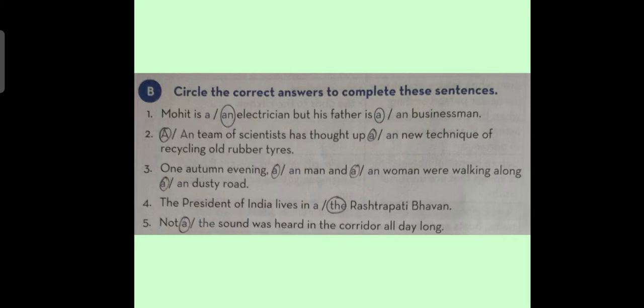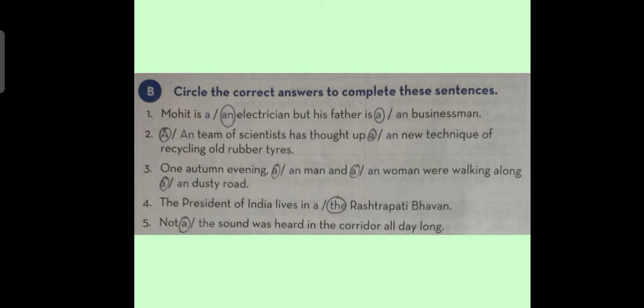Now we will discuss sentence number 3. One autumn evening, a or an man and a or an woman were walking along a or an dusty road. Here in this third sentence, in the first option, we will choose a because man is a word which begins with a consonant sound.